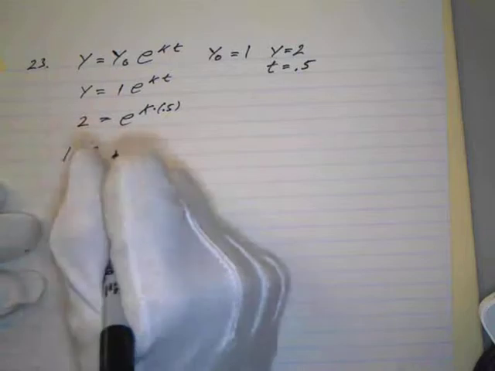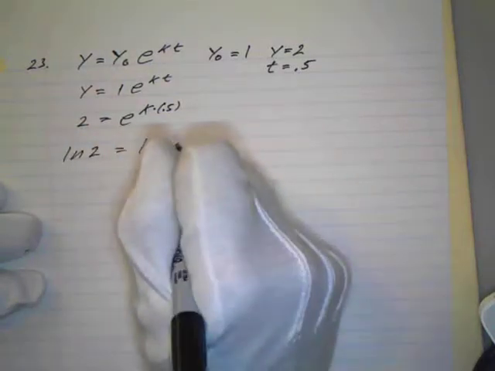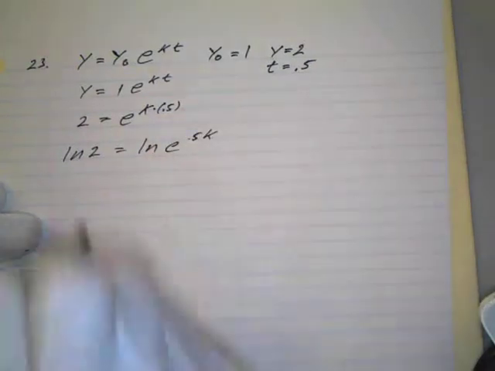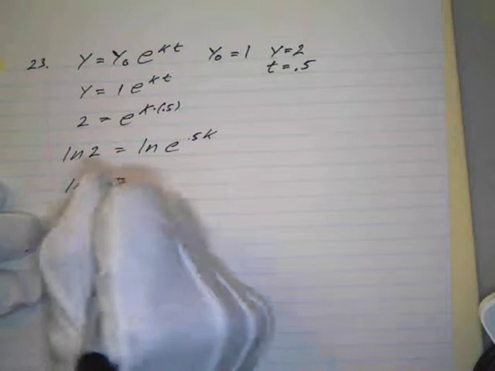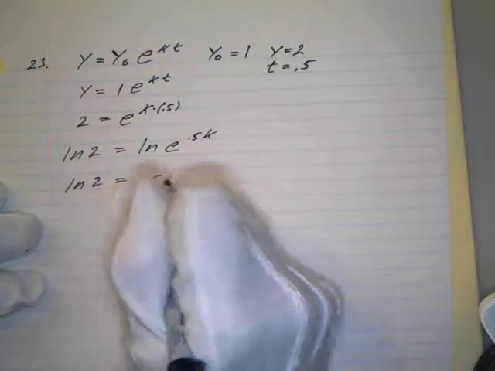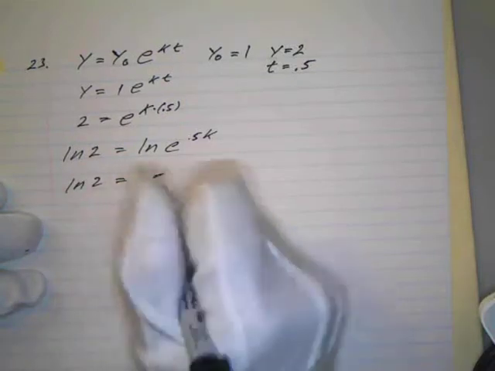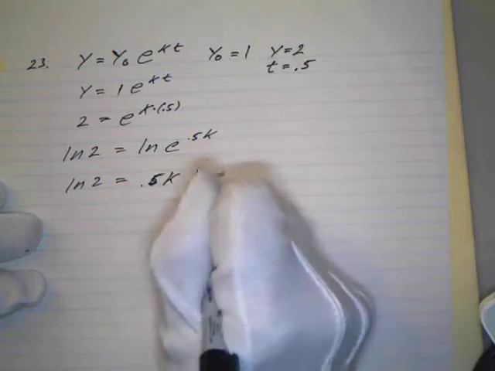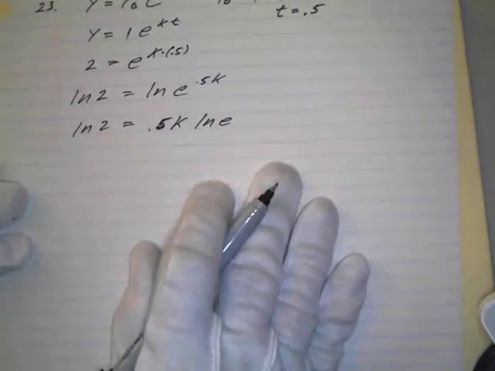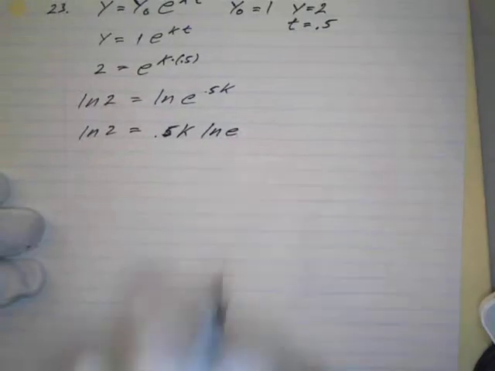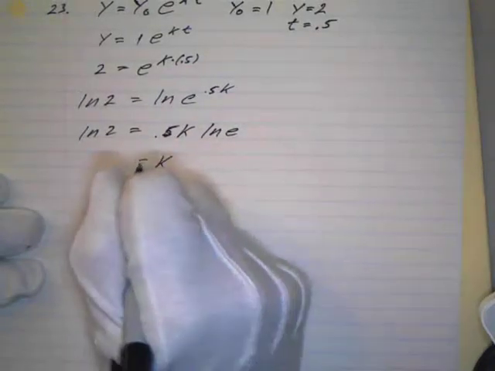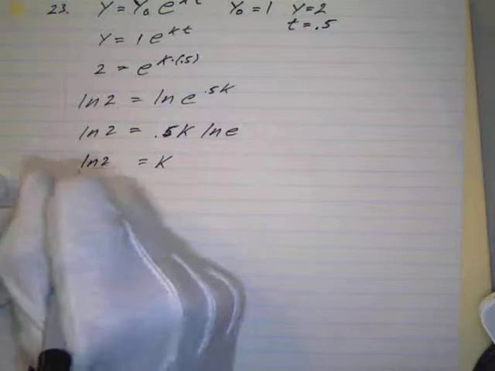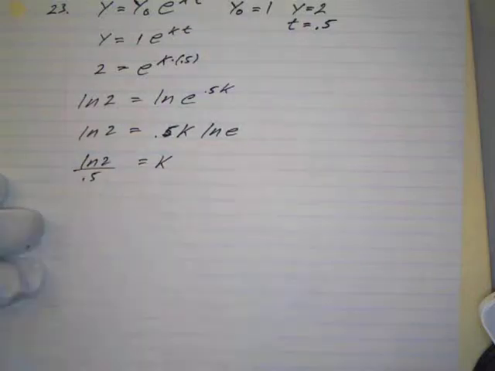So the natural log of 2 equals the natural log of e to the 0.5k. I'll bring that down in front, so I'll have the natural log of 2 equals 0.5k times the natural log of e, which is just 1. If I divide both sides by 0.5, I get k equals the natural log of 2 divided by 0.5.